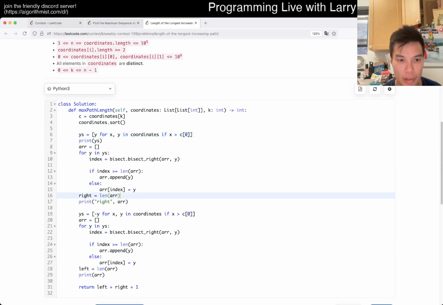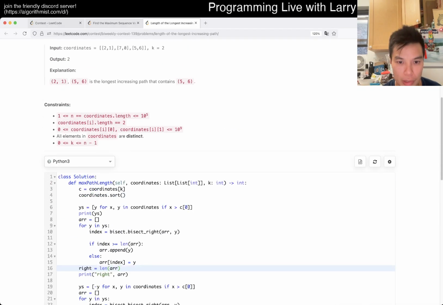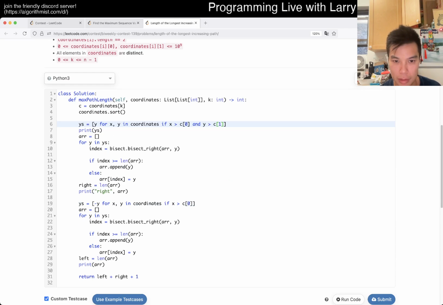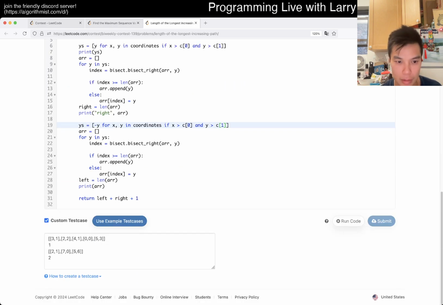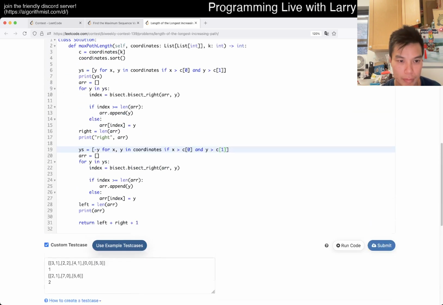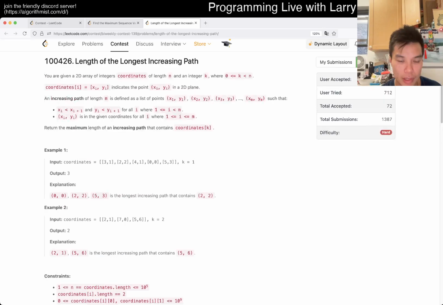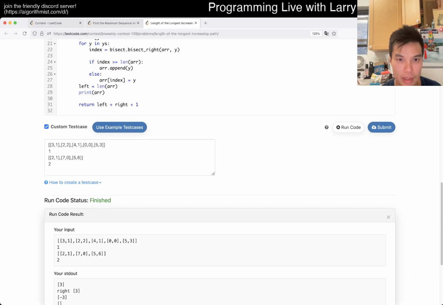Oh, I got the longest increasing thing, but we also have to do and y is greater than... yeah, that's why. Three and one, 3 is fine, 1 is not fine.